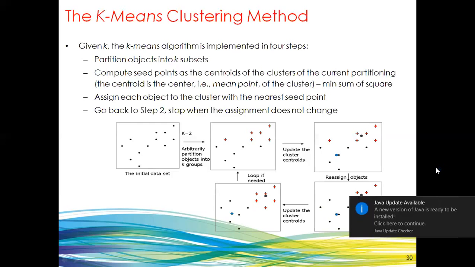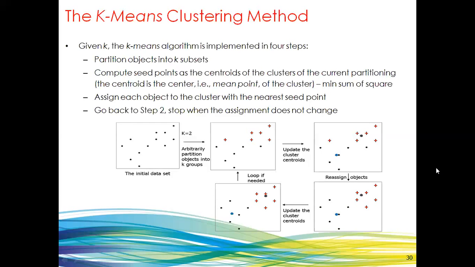So 3 to 6 is usually the number of clusters companies or organizations tend to use.